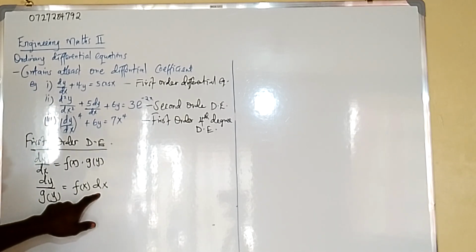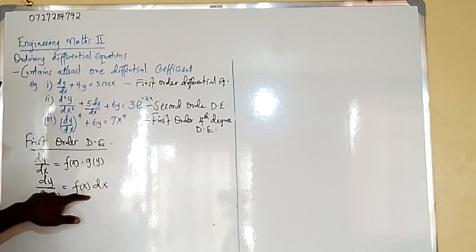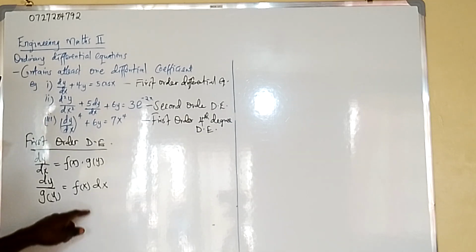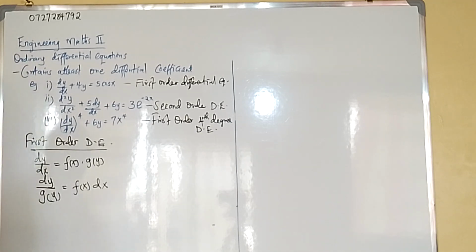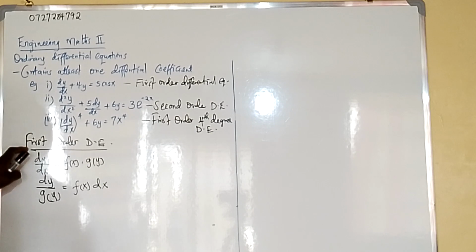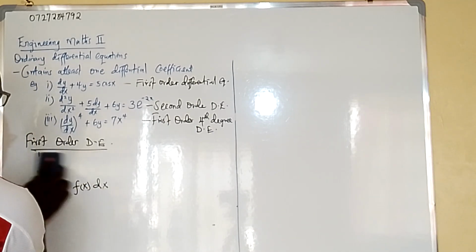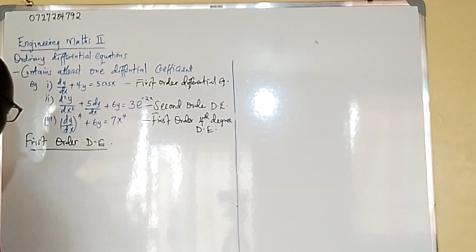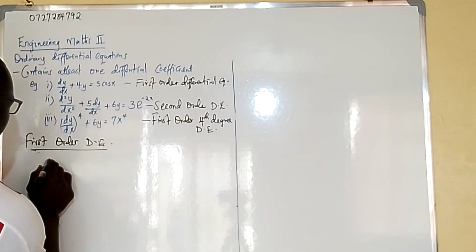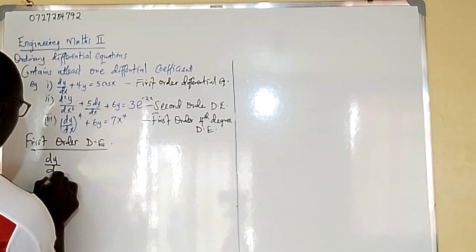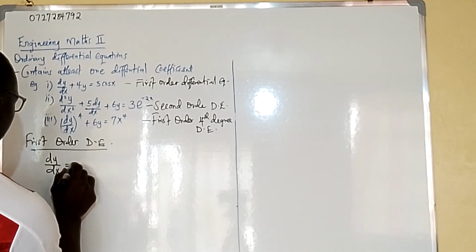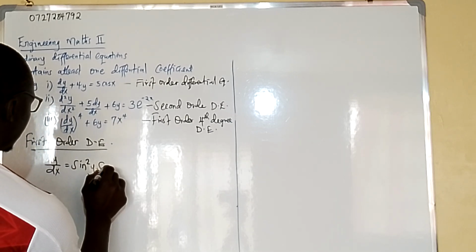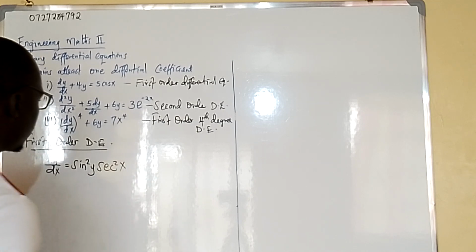So if you have an equation, by solving this to this form and simplifying further, you will have gotten your answer. Let us just look at one example of first order differential equation. dy/dx is equal to sine squared of y sec squared of x.